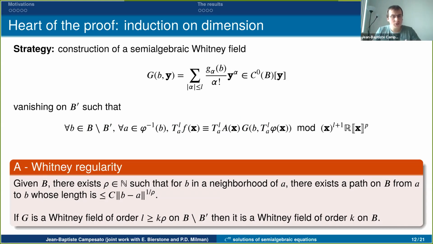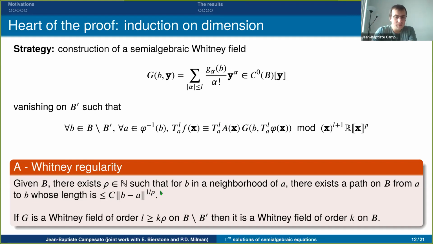Using resolution of singularities and the Łojasiewicz inequality, we can prove that given a semi-algebraic set B, there exists a natural number ρ, such that if you take two points close enough on B, you can join them by an arc whose length is less than or equal to C times the Euclidean distance to the power 1 over ρ. Here C is a local constant, and ρ is the same everywhere on B.